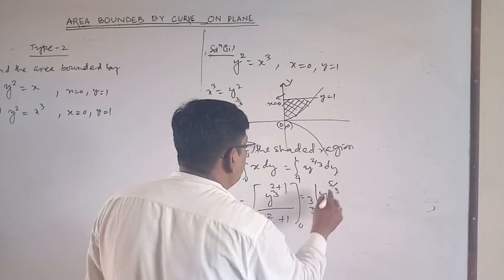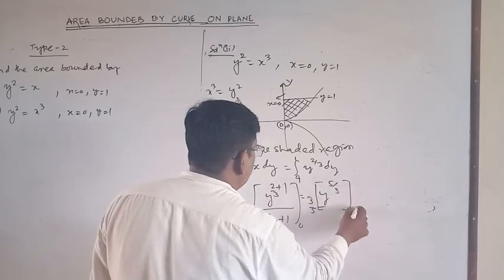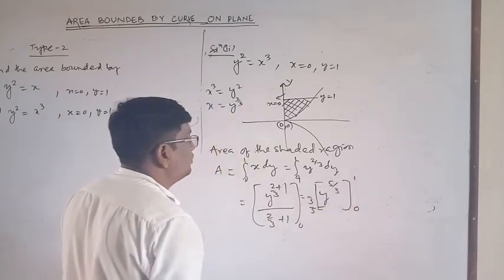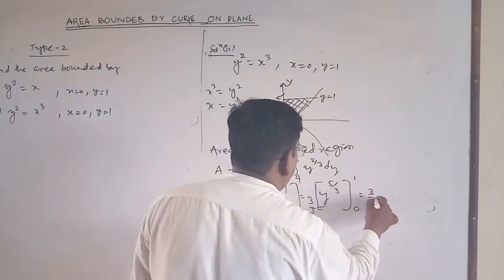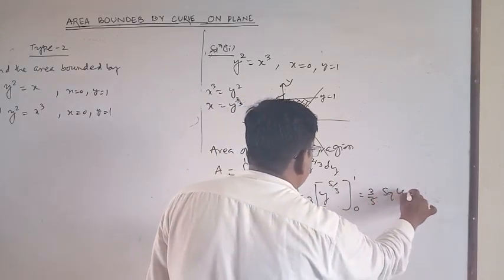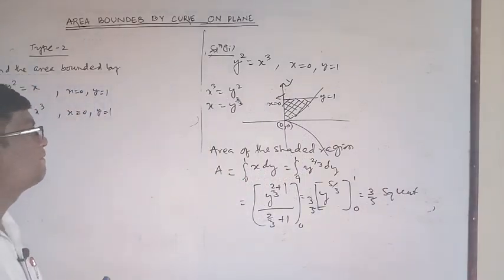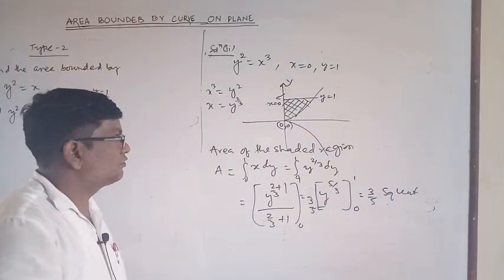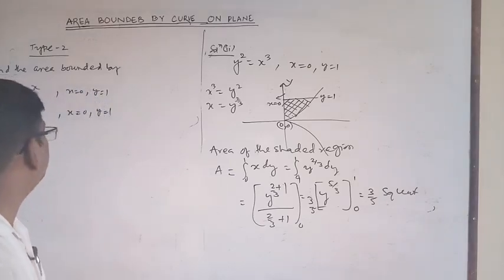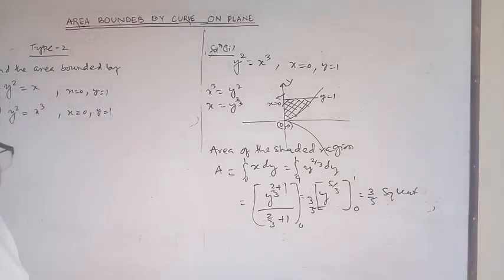Limit is 0 to 1. So this is equal to 3 by 5 square units. Okay. This is type 2. Now some more questions.